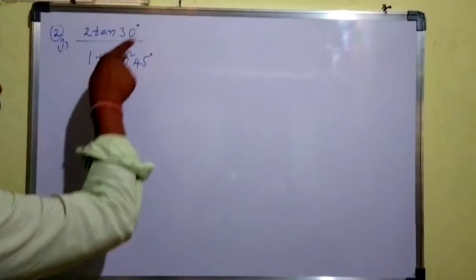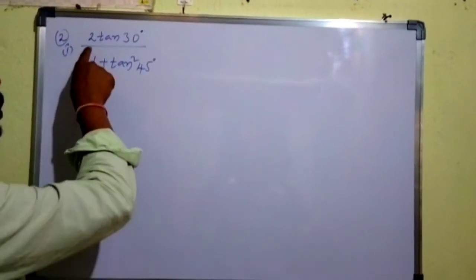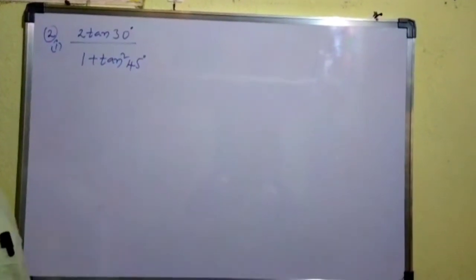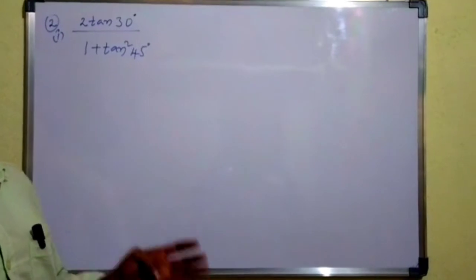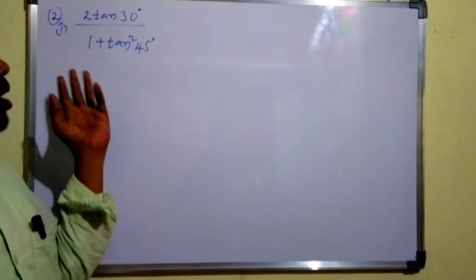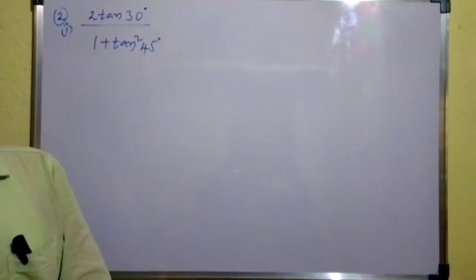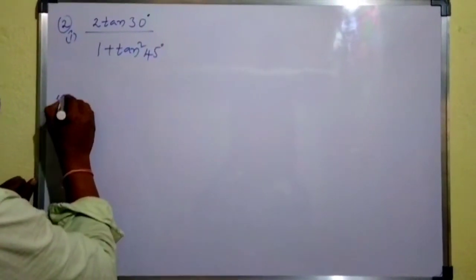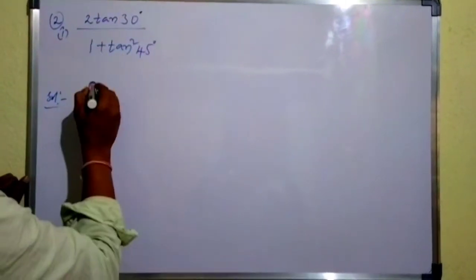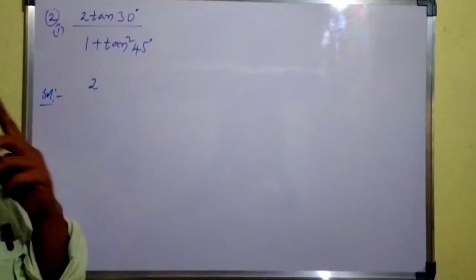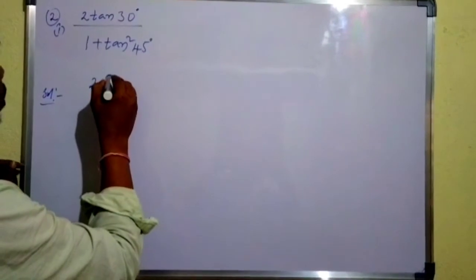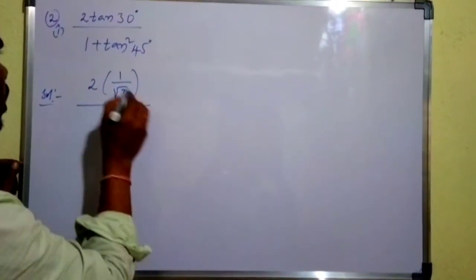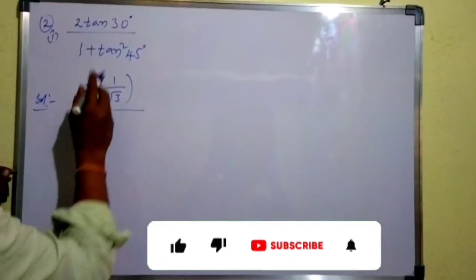Second question in the first bit: 2 tan 30 degrees by 1 plus tan square 45. Options A, B, C, D are given. Which value is possible? Now we are checking it. So substitute: 2 tan 30. Tan 30 is equal to 1 by root 3, by 1 plus tan 45.